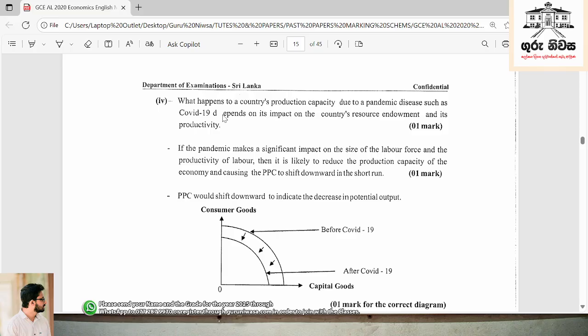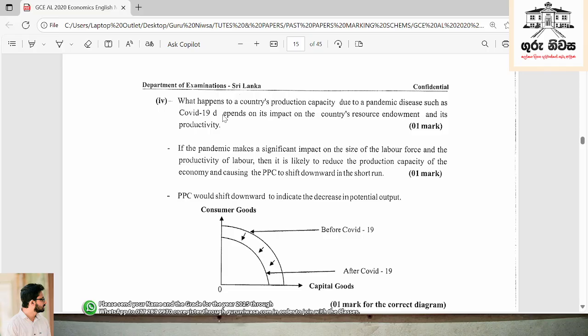Sir, when we are drawing the PPC, can we use the pen or do we need to use the pencil? In the second paper, yeah, it's okay. But if the examiner asks you to draw the PPC on a scale, you have to use a pencil. And also graph sheets are given. In this question, Lamai, no need to use a pencil.